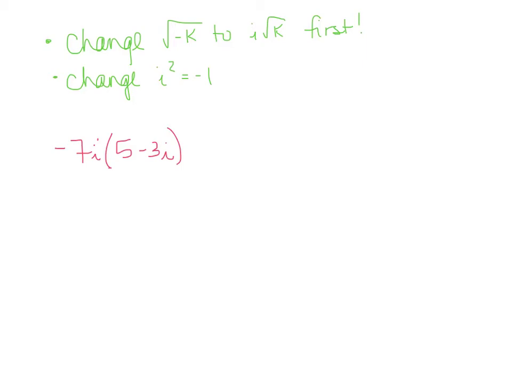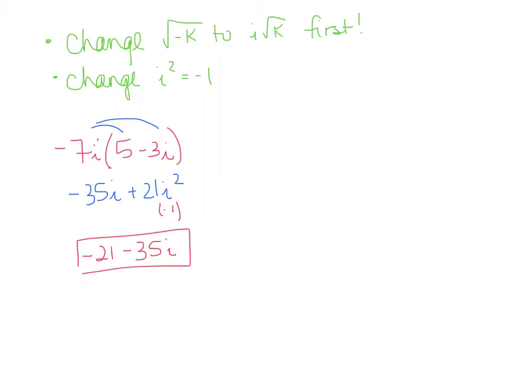We're just going to distribute that negative 7i into the parentheses, and we're going to get negative 35i plus 21i squared, because remember that i times i, just like x times x, is going to be x squared or i squared. Then if we remember that i squared turns into a negative 1, and it's 21 times negative 1, you actually end up with a negative 21 minus 35i, and then that would be in standard form.